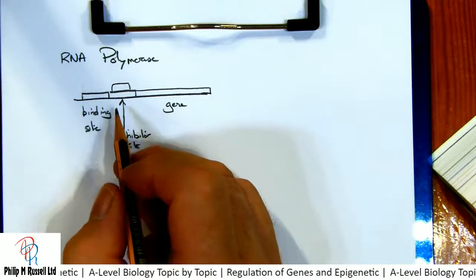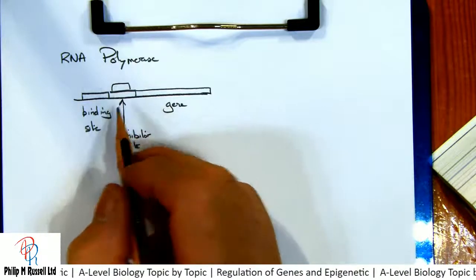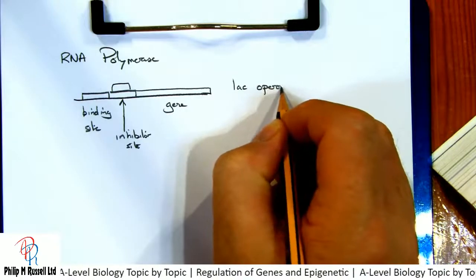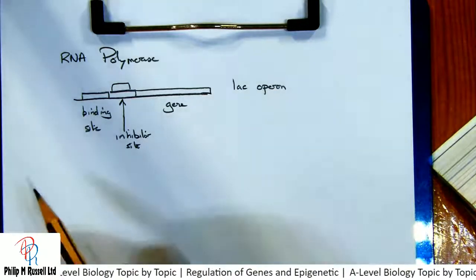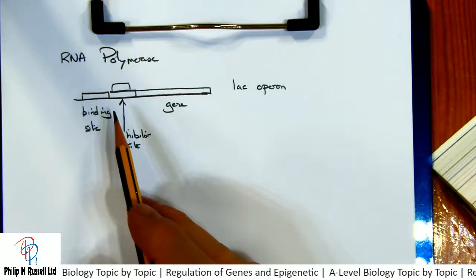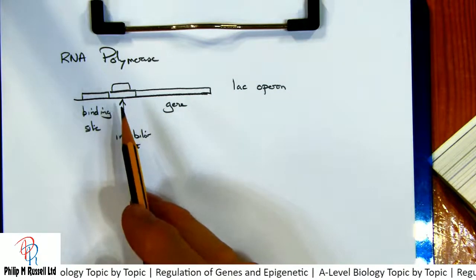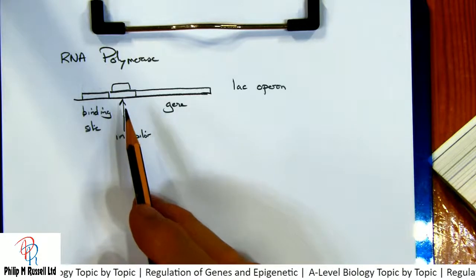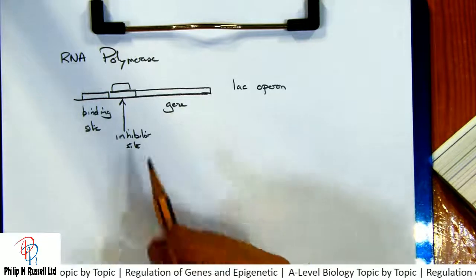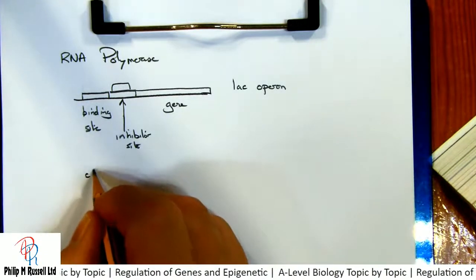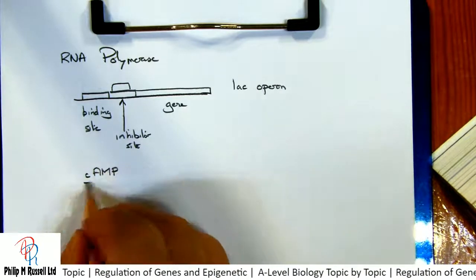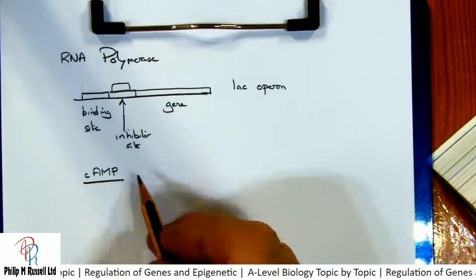Now, that's the lac operon, and it was used to try and explain and understand how all this works. Basically, we've also got another little thing in the system, and this is called cyclic AMP or cAMP.